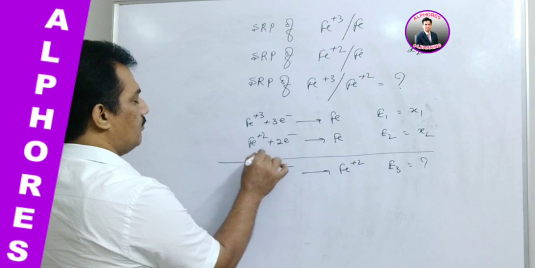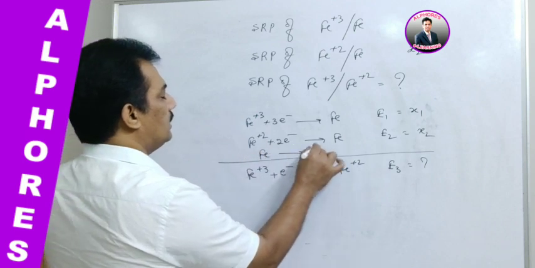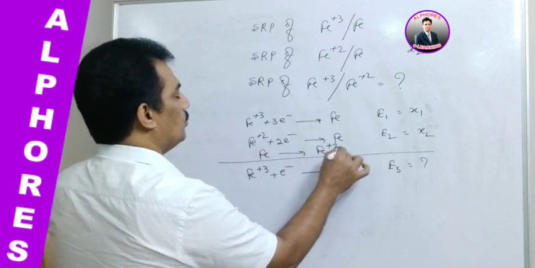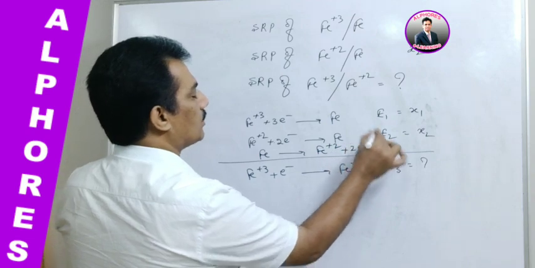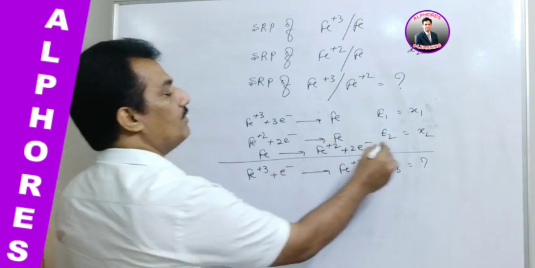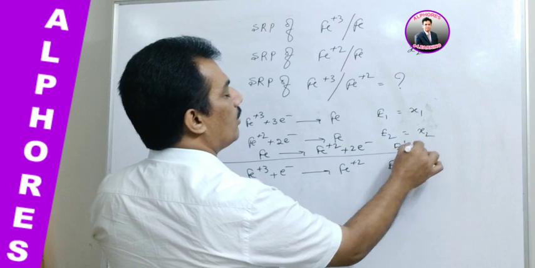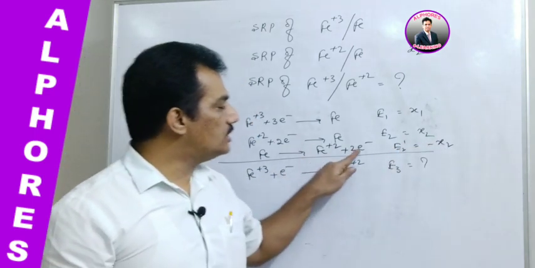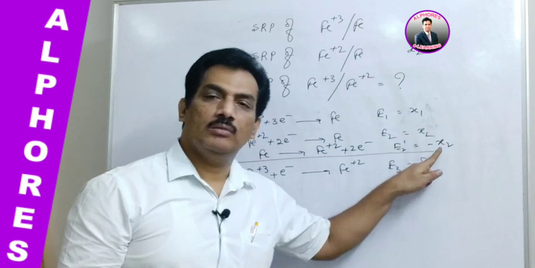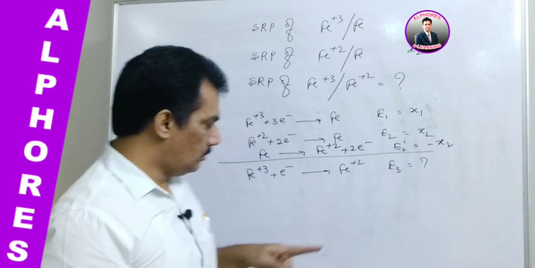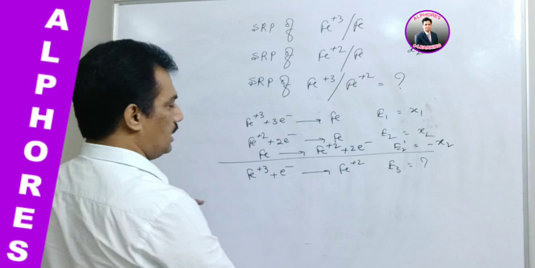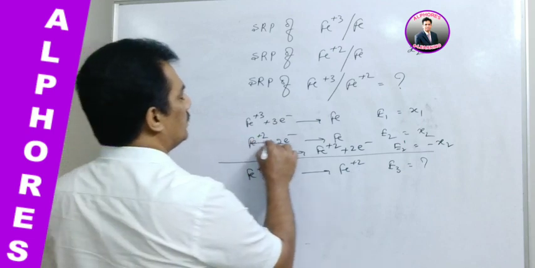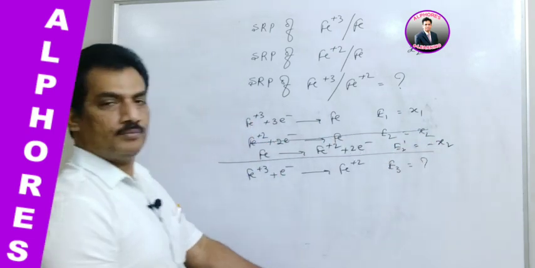That means Fe gives Fe plus 2 plus 2 electrons, and when it is given like that, E2 bar is now minus x2, because when the reaction is reversed, the potential becomes opposite. So after this rearrangement, we need not go for this, it is not required now.